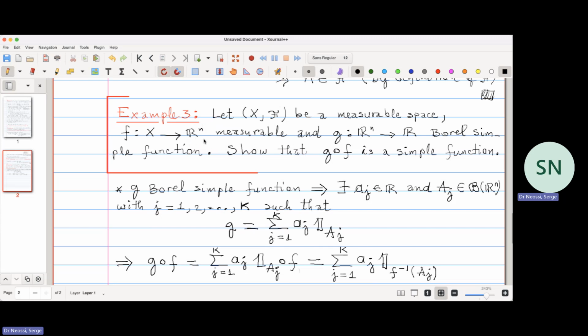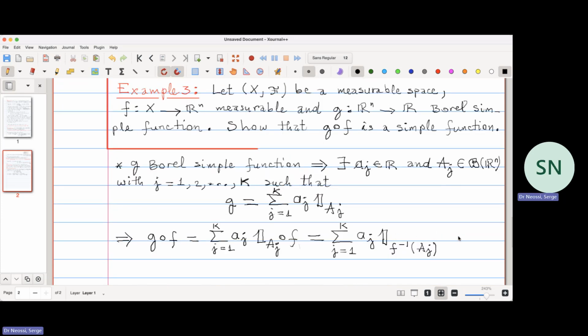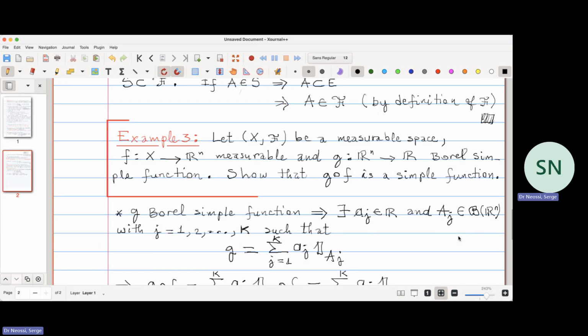It means, because Rn here is endowed with the Borel sigma algebra, that if I take an element of the Borel algebra of Rn, its preimage should be in the sigma algebra on X, which is F. Not the Borel sigma algebra of Rn, but the sigma algebra F. I think I made a mistake there. Okay, so we conclude.